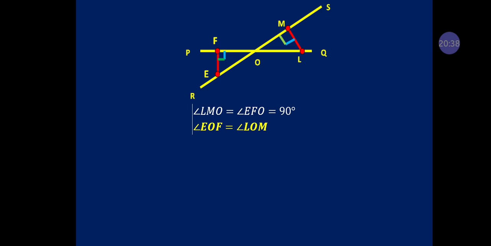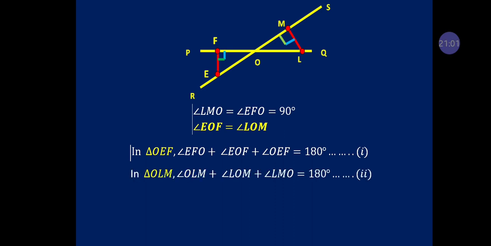So easy, right? Now in triangle OEF on my left, if I add the angles of the triangle, it would be 180 degrees. That means EFO plus EOF plus OEF equals 180 degrees. Similarly, from the triangle above, OLM plus LOM plus LMO equals 180 degrees.